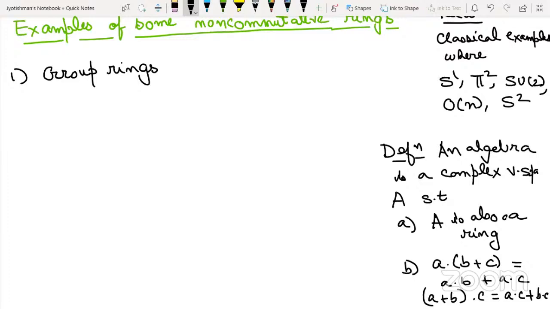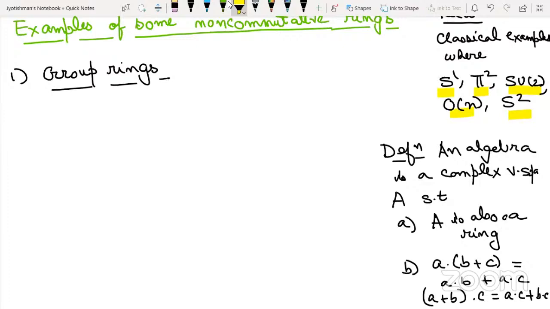Okay, let's look at the first example. My classical examples were the circle, the torus, SU(2), O(n), and S^2.